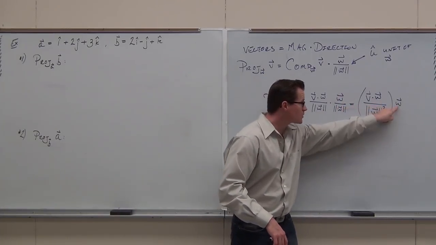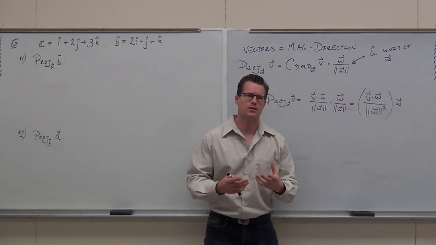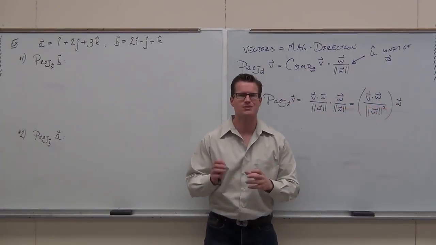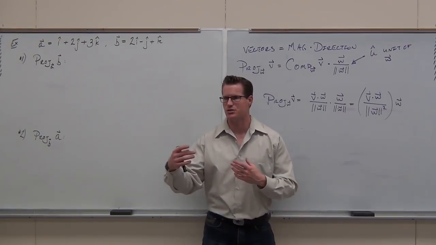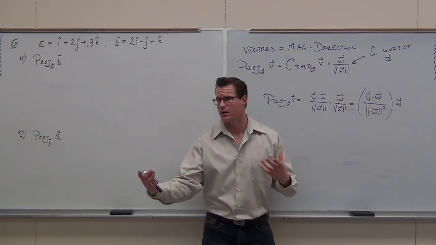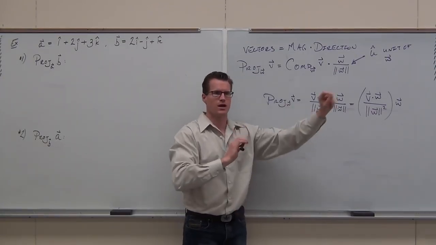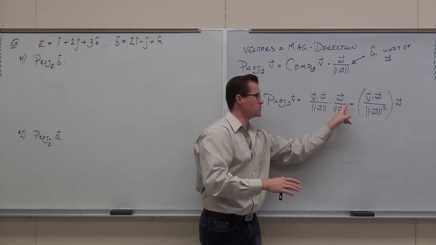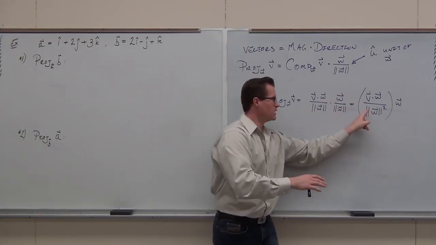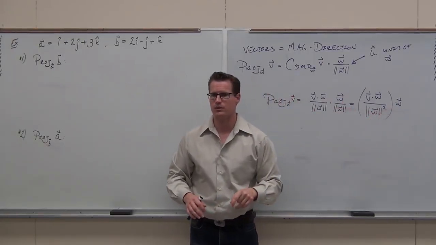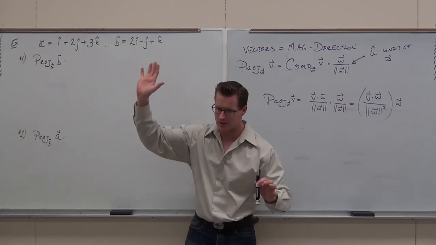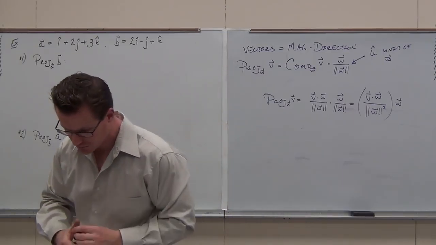B is the one that goes here and here, and that's the way you think about it. If you just have the formulas, it's very easy to get confused. That's why I teach you that you need to understand it. Because if you understand that the one you're projecting onto carries your direction, carries your unit vector, is what goes here and here, that's important. So if you feel okay with that one, that's a big deal. It's a really big deal.